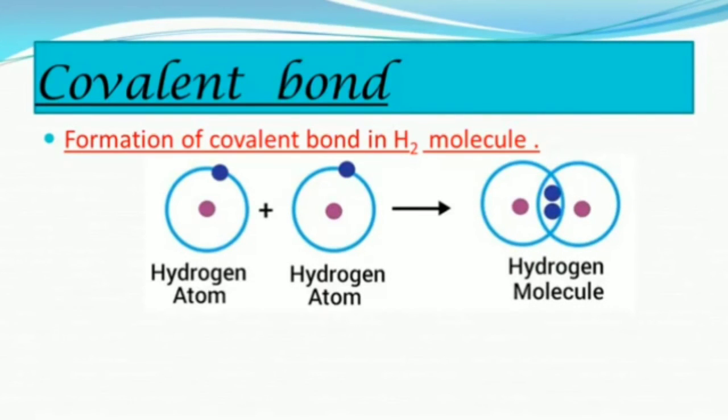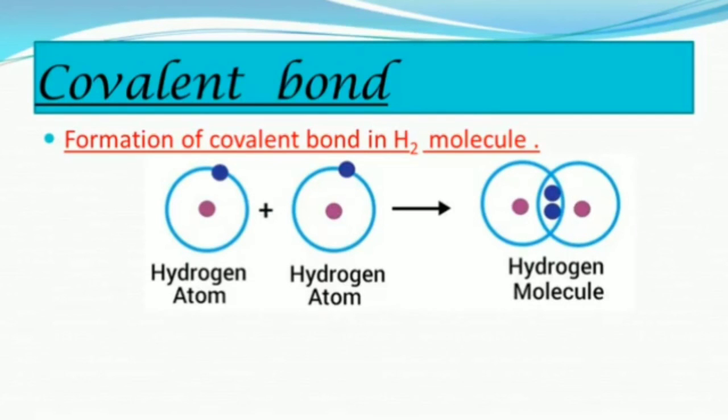As a result, the electron duplet of both the hydrogen atoms is complete and a chemical bond is formed between them. The chemical bond formed by sharing of valence electrons of two atoms with each other is called a covalent bond. One covalent bond is formed by sharing of two valence electrons.